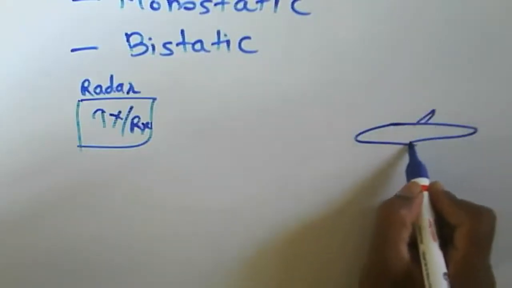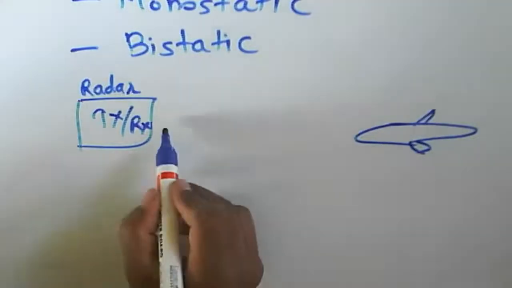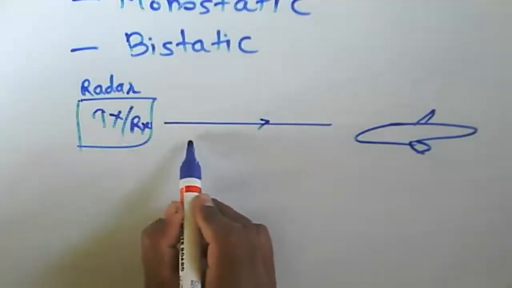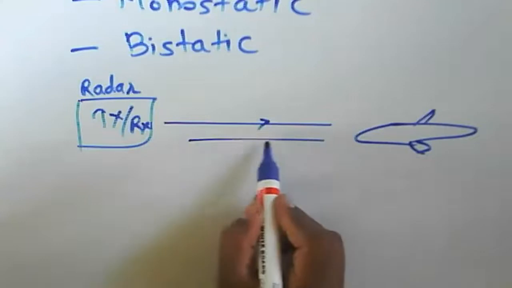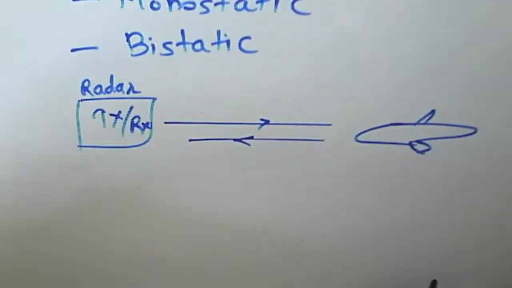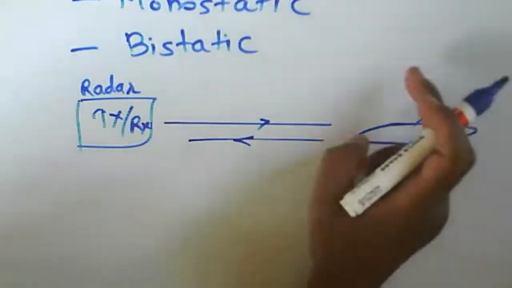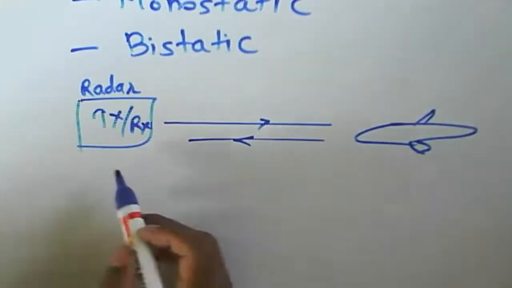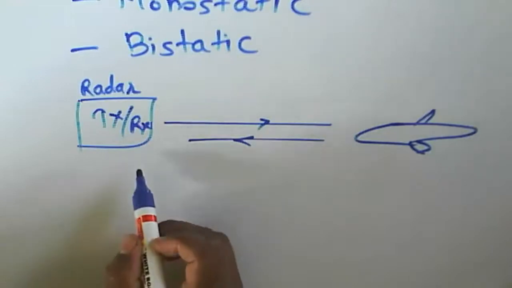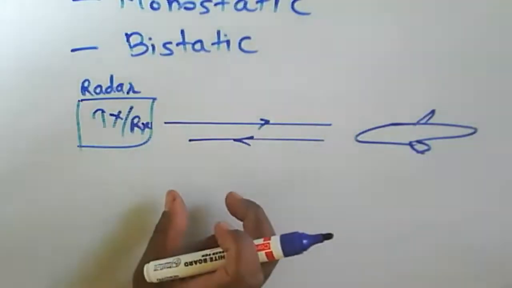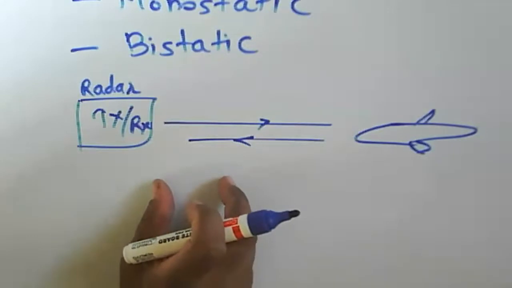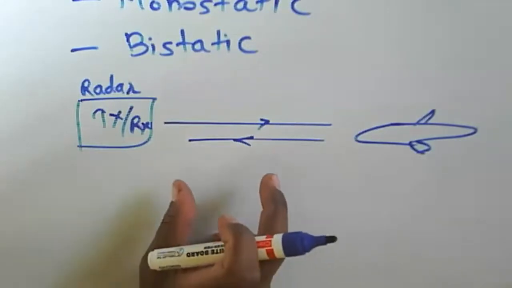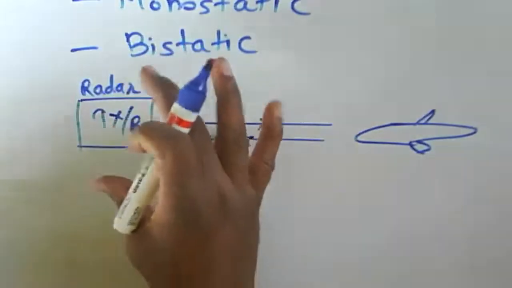The single device is used to transmit the pulse, and the same device is used to receive the pulse, and through that we can find out the place of the object and everything. Here only a single device, one device, is used. That's why we say monostatic means the transmitter and receiver are both present in one device.